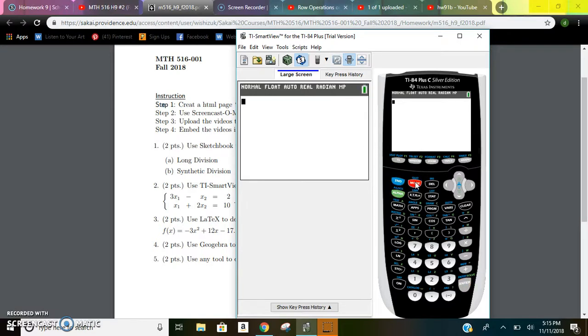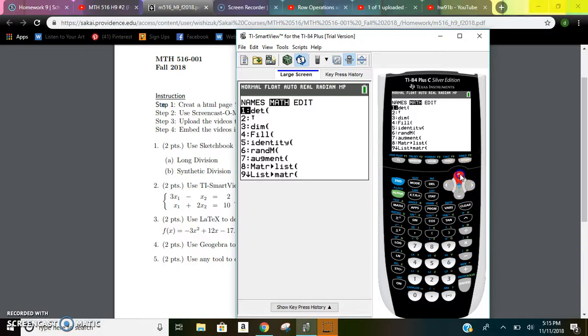Alright, on the main screen, first thing we're going to do is a row swap, because the second row of our matrix already had a 1 in it. So we're going to go to math, and it's easier to push up, and letter C is row swap.